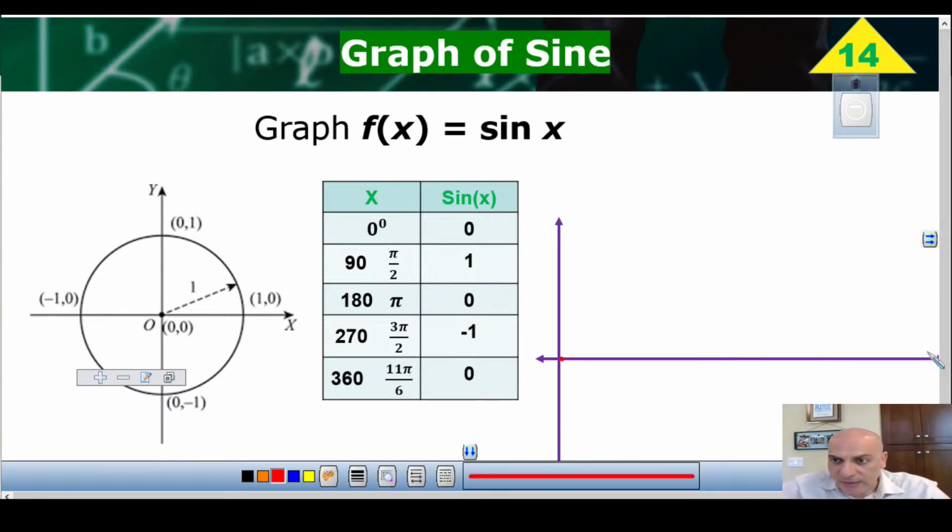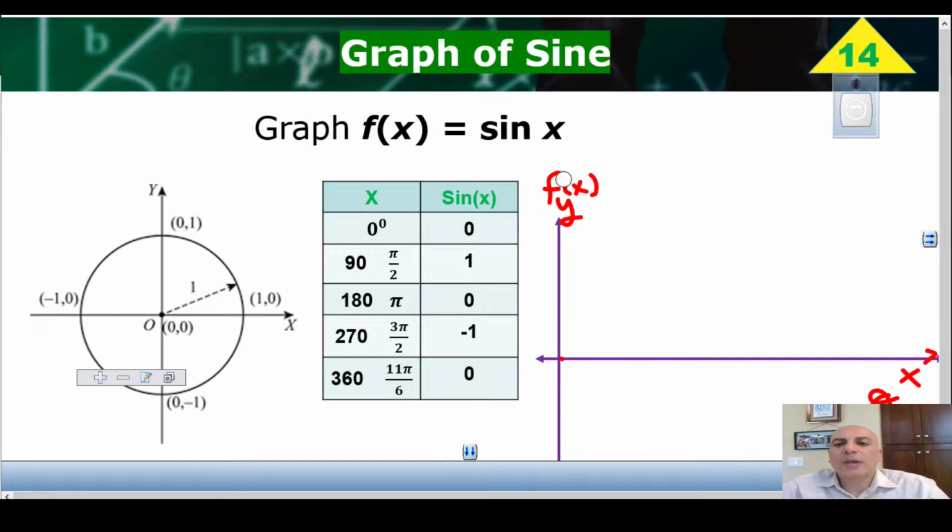This is the x-axis, which has our theta, or angle. The angle is the x-axis, okay? And the y is the value for the function. So this is the f of x, or the y, okay? Y lives here. So this is the y, and this is the x. Now, let's plot the points.